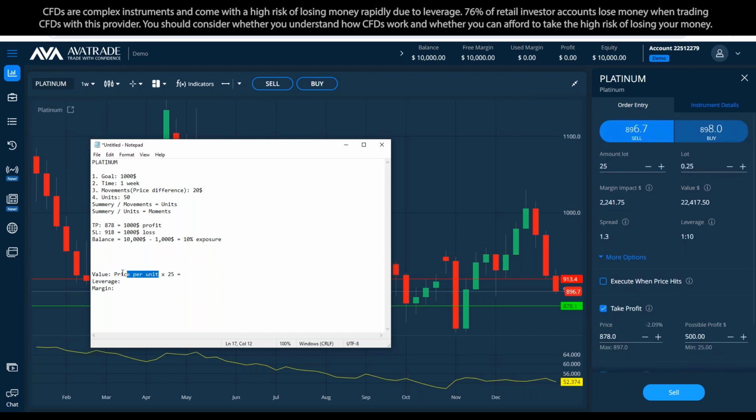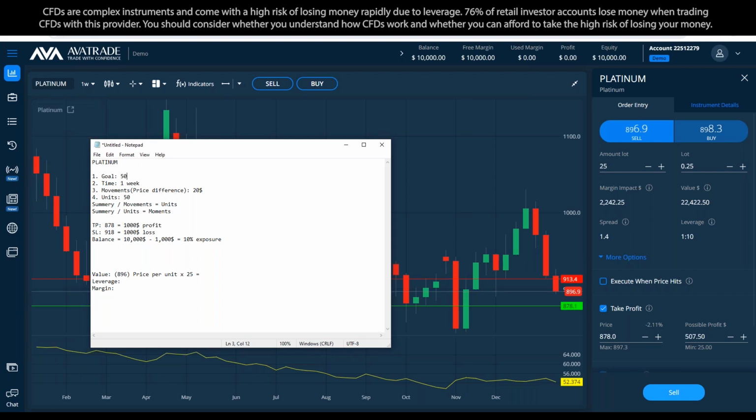So we have price per unit. Price per unit is 19,909.13. No, it's 896. Sorry. 896. The amount of units we already saw, it's 25.